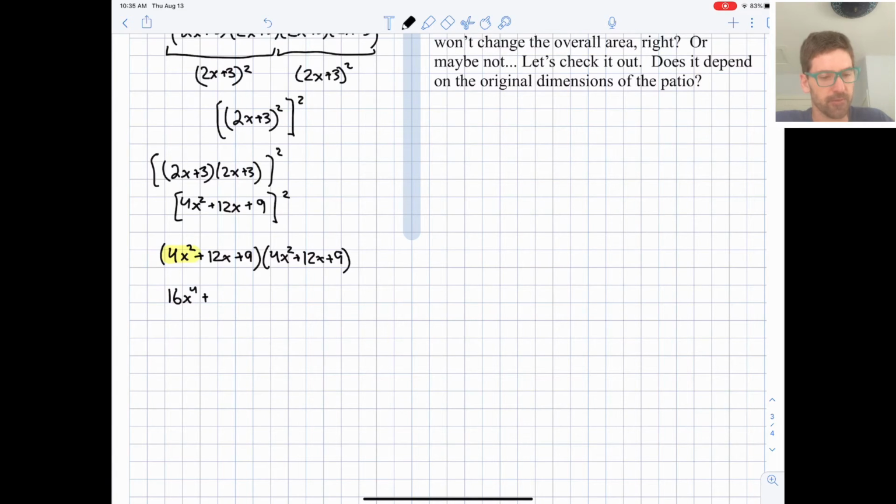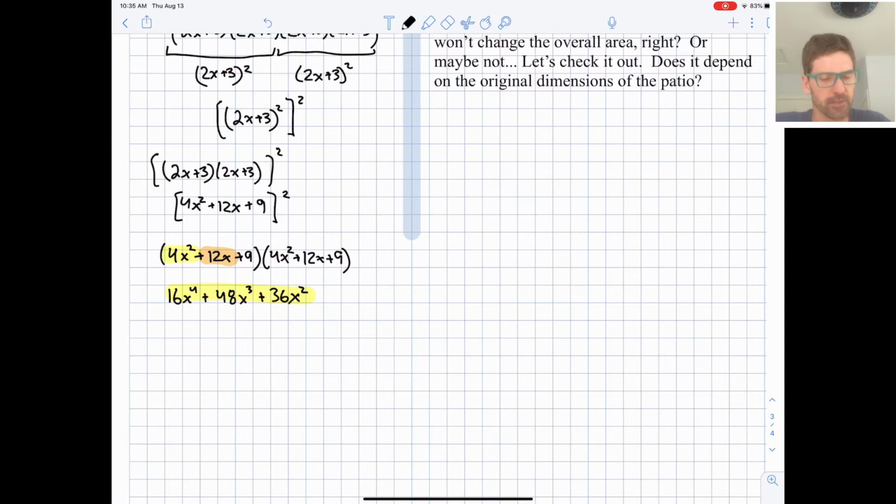And then times the 12x is 48x cubed. And then times the 9 is 36x squared. That was the result of multiplying that first 4x squared term through. Now I'm going to multiply through the plus 12x.